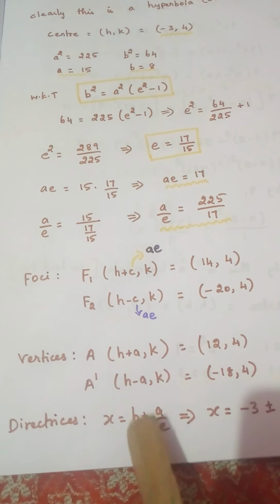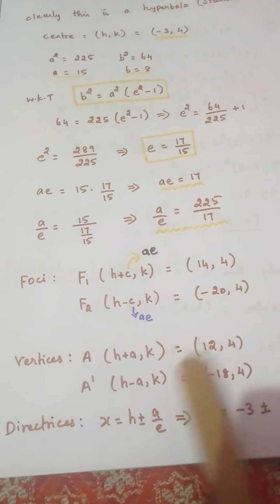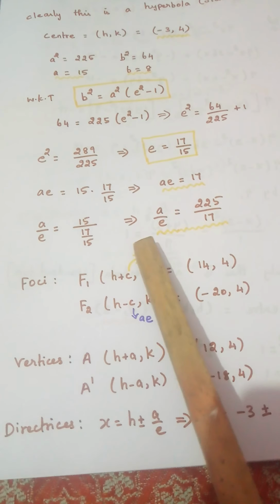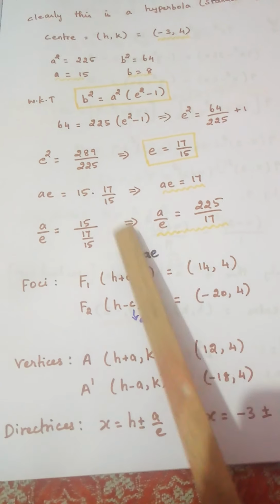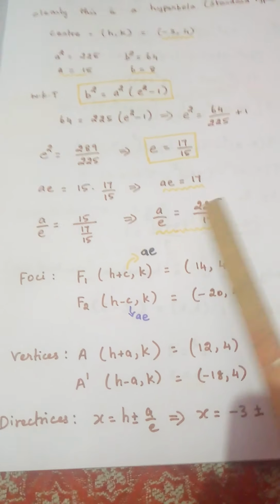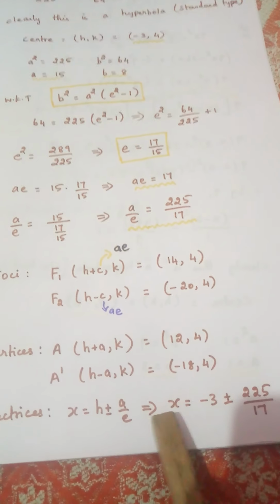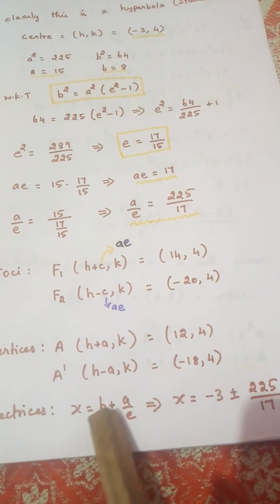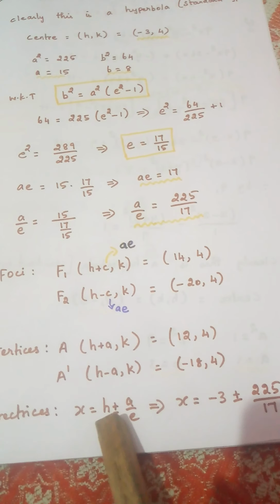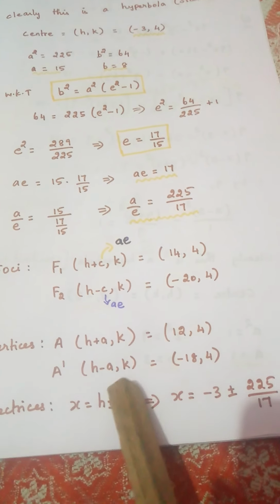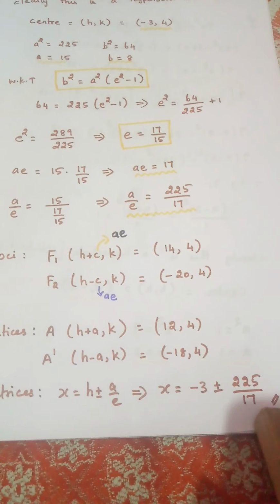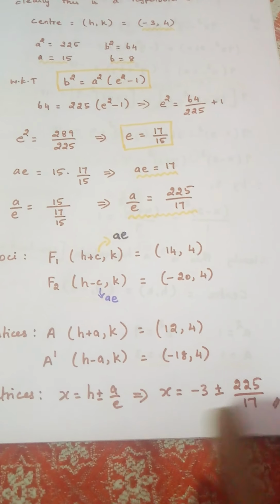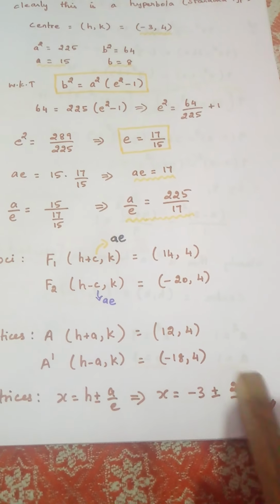Minus 3 plus or minus a by e. We have already got the value ready-made. A by e value we got is 225 by 17. You just substitute. So x is equal to, in place of h, minus 3 plus or minus a by e value, 225 by 17. So this is nothing but the directrices.